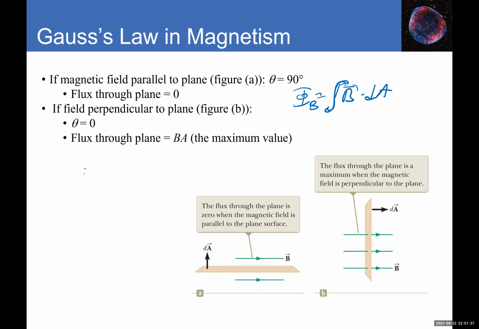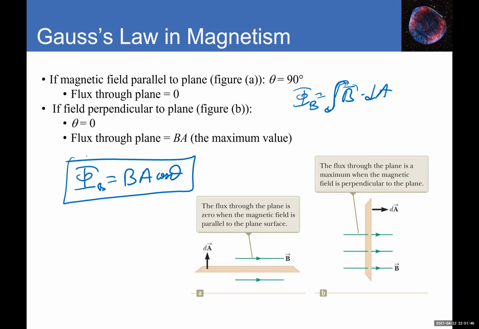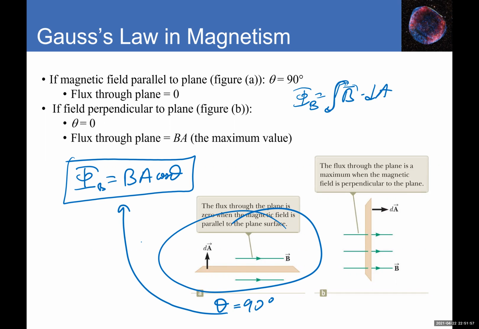Remember, the idea is that flux equals BA cosine theta, just like the electric flux, and depends on the number of field lines going through some area. For example, here the theta between magnetic field and dA is 90 degrees, so flux will be 0.